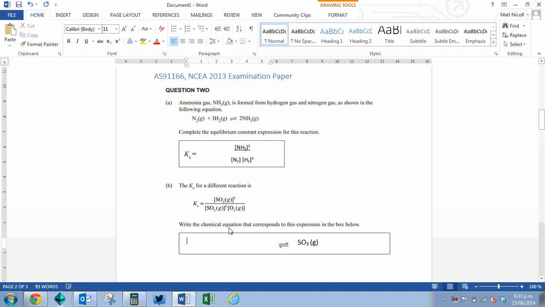And on the left hand side, I'm going to have SO2 gas reacting with oxygen gas. Now I haven't quite finished here, so don't think I've forgotten what to do.